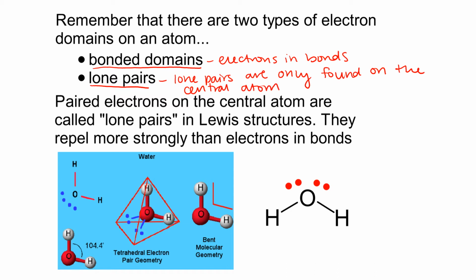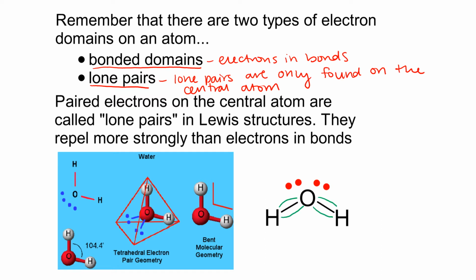These lone pairs are actually going to be repelling more strongly than electrons in bonds, even though they're all made up of electrons. The reason for that really has to do with what is tethering the electrons. If we look at our bonds between the oxygen and hydrogen in these water molecules, the electrons in these bonds are being tethered between the hydrogen and oxygen.